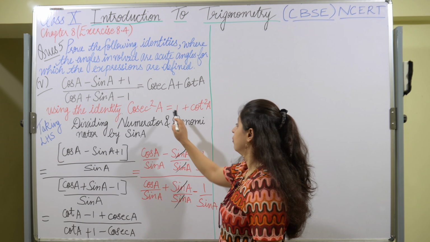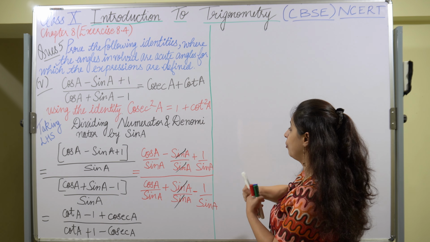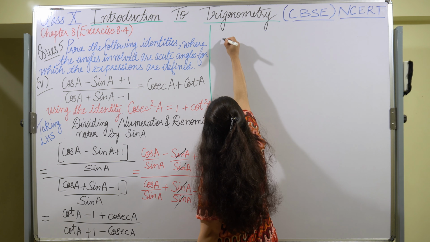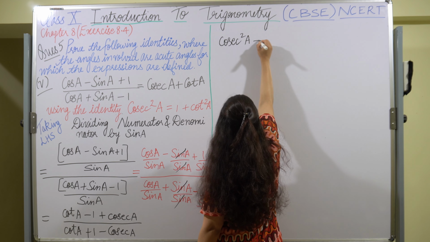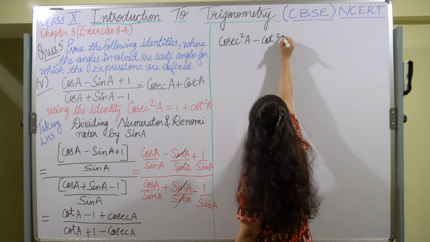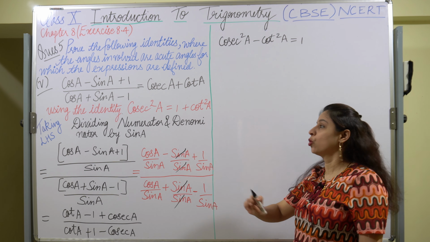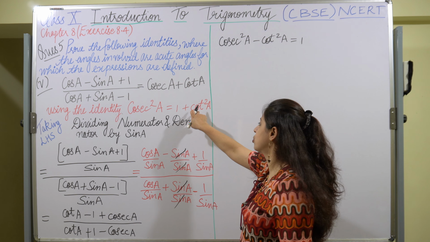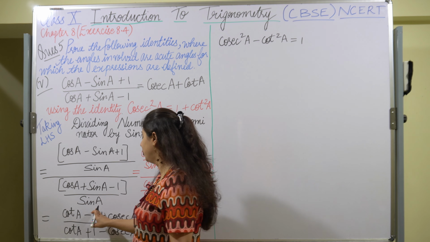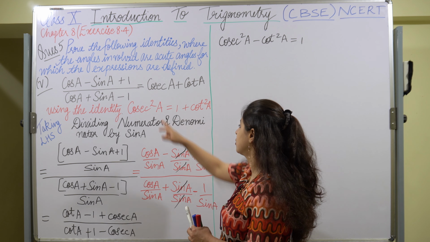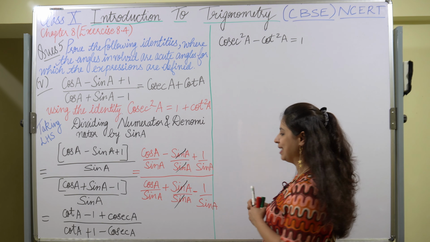So cosec square A is equal to 1 plus cot square A, or from here we can write cosec square A minus cot square A is equal to 1. So cosec square A minus cot square A is always equal to 1. So this 1 we will replace by cosec square A minus cot square A.